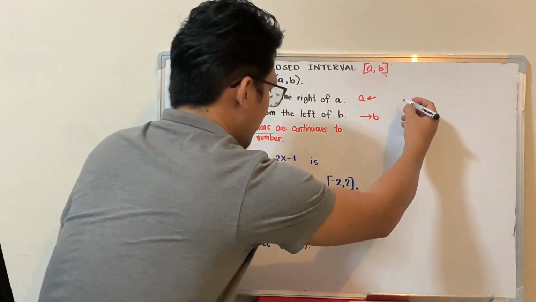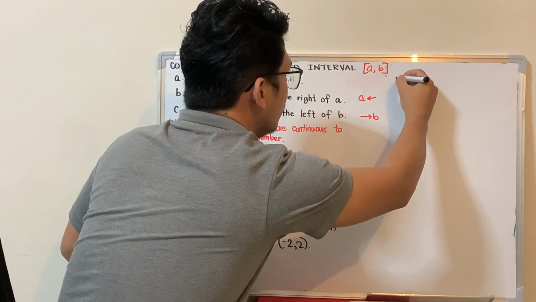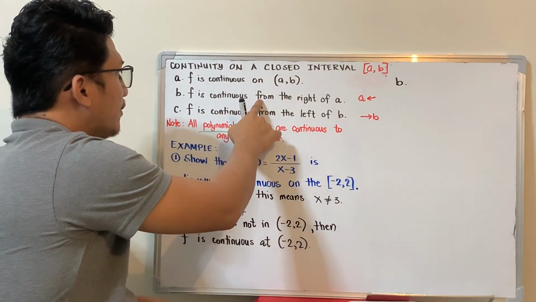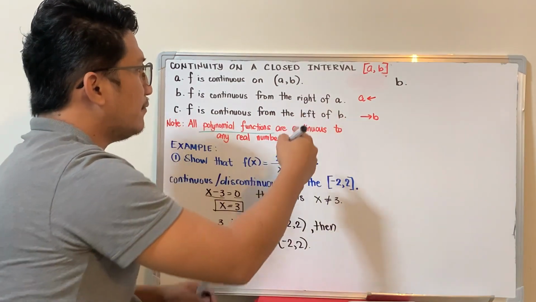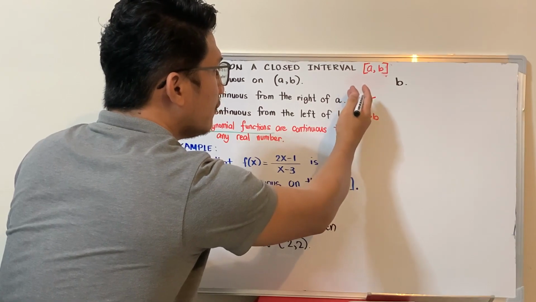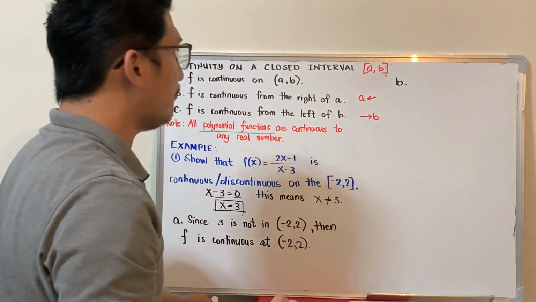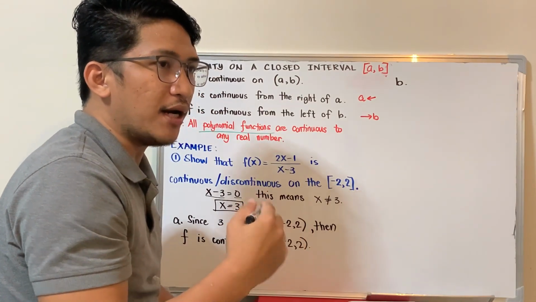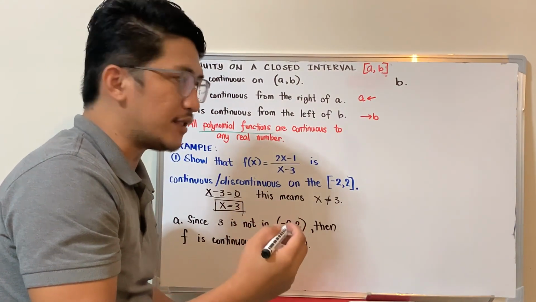For letter B, we have to show that the function is continuous from the right of A. If you remember, there are 3 conditions for the function to be continuous at a number.